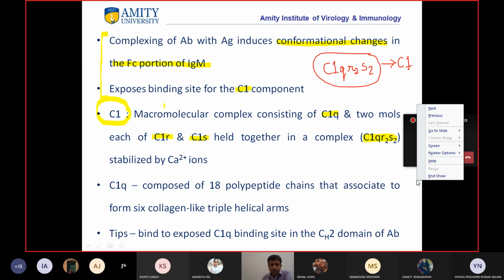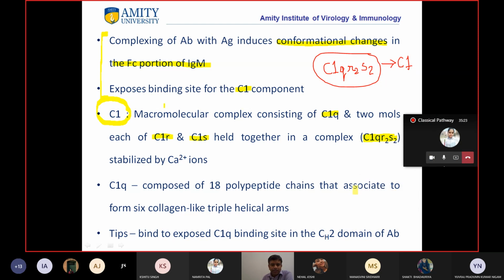C1Q is composed of 18 polypeptide chains that associate to form 6 collagen-like triple helical arms. Don't worry, I will show you the picture of C1, so it will be clear. Here we are just talking about this C1Q.